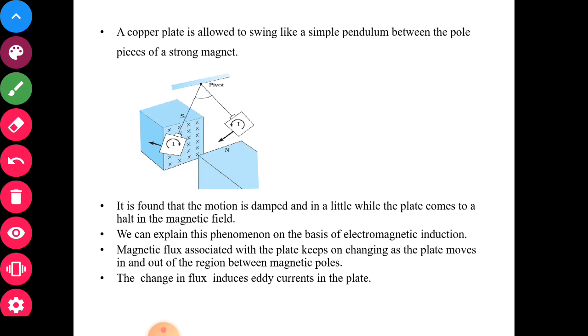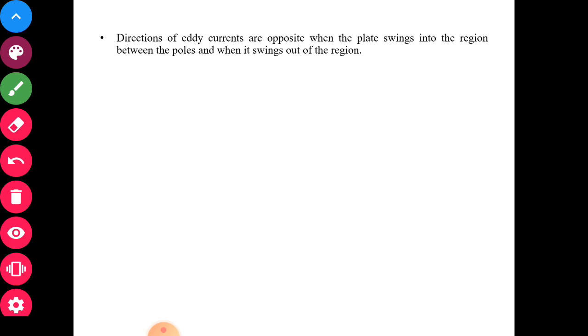When it is going inside, flux increases, going out it becomes zero, then again increases. This change in flux induces eddy current in the plate. The direction of eddy currents is opposite when the plate swings into the region between the poles and when it swings out of the region.